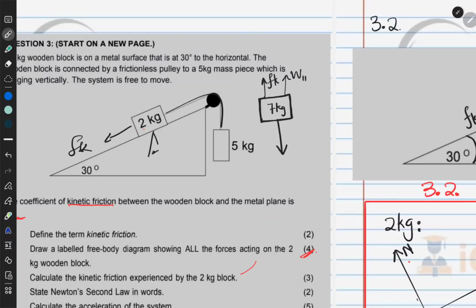I won't write it explicitly because there's a bit of a caveat to this method. Then you have the weight of the overall object. From here, you can say Fnet is equal to ma, and you only consider 3 forces. So that is essentially how it works.